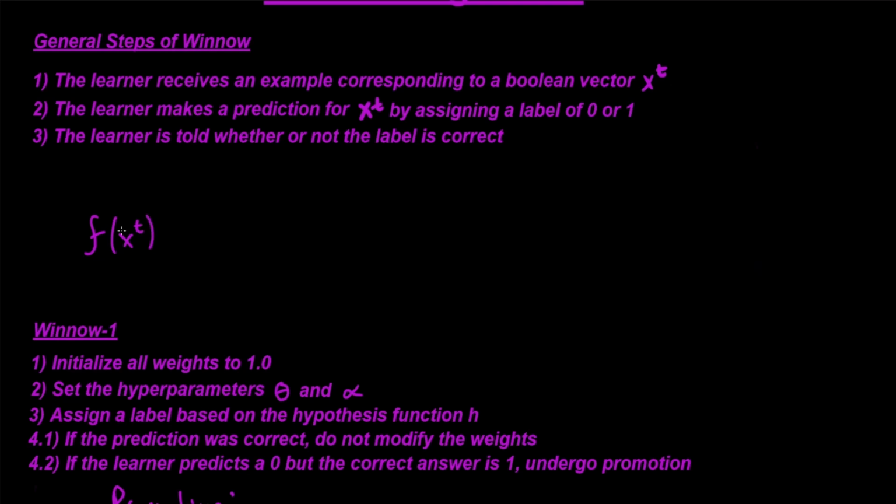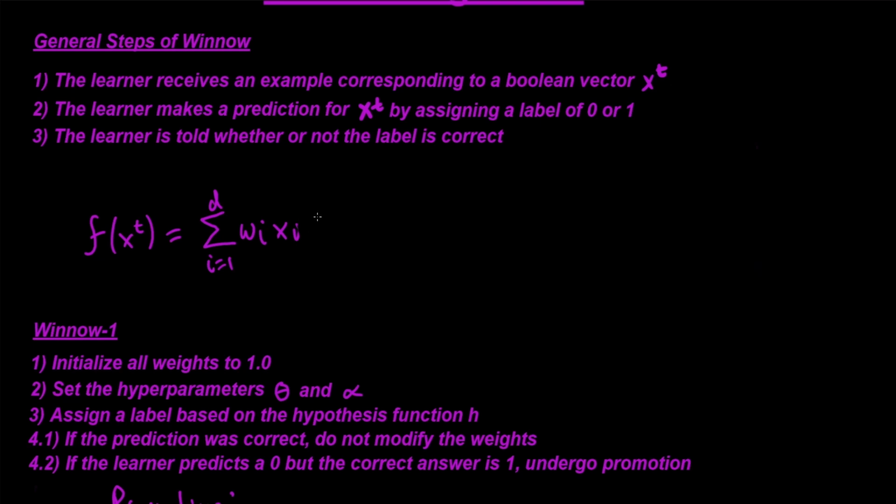So xt is the incoming Boolean vector. This is going to be equal to the sum from i = 1 to d, where d is the number of elements in the given xt, of the wi's times the xi's.